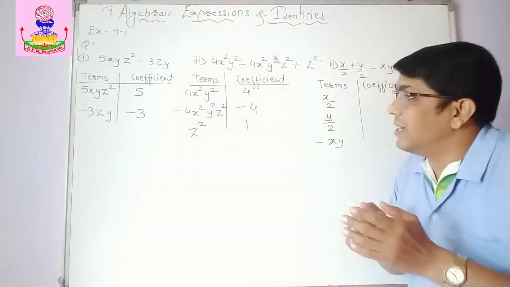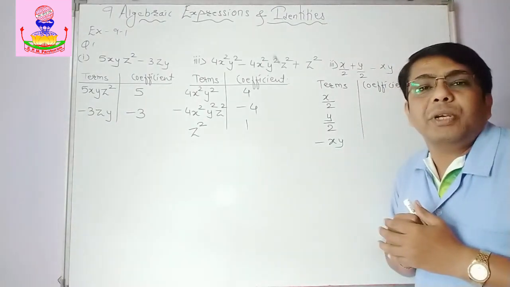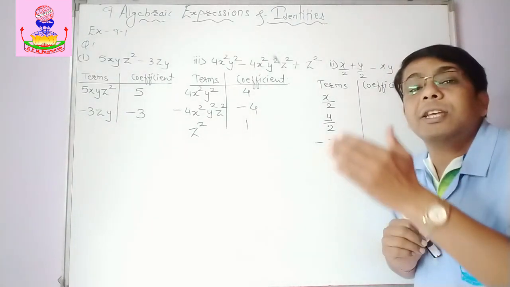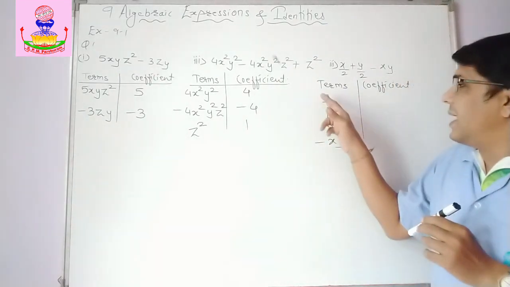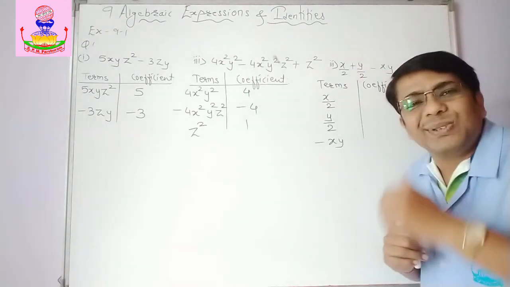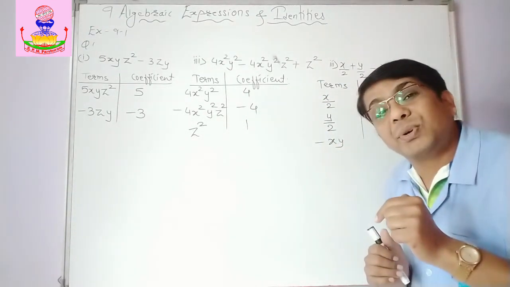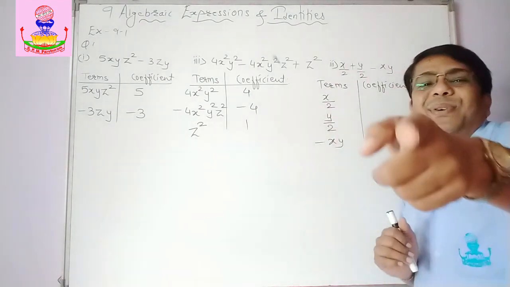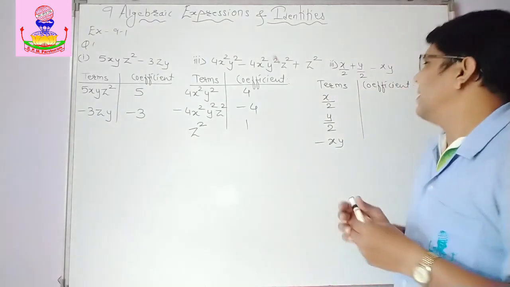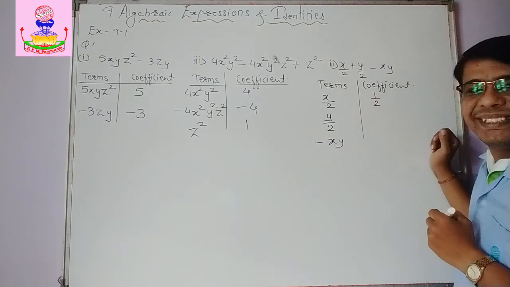When I say minus 3zy, it means minus 3 into zy. Similarly, when I say x upon 2, it means half into x. X upon 2 means 1 upon 2 into x. So what is the coefficient? Yes, exactly. Half. 1 upon 2 is the coefficient.